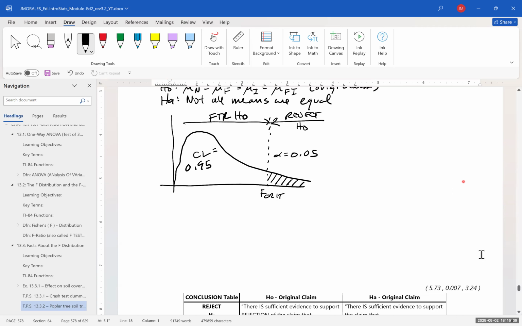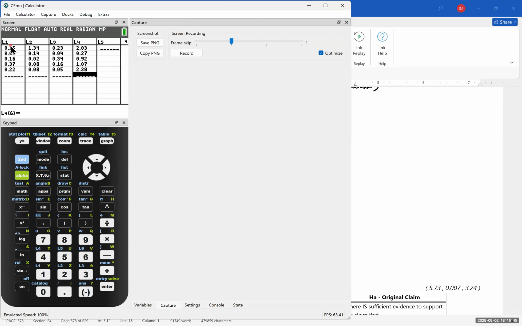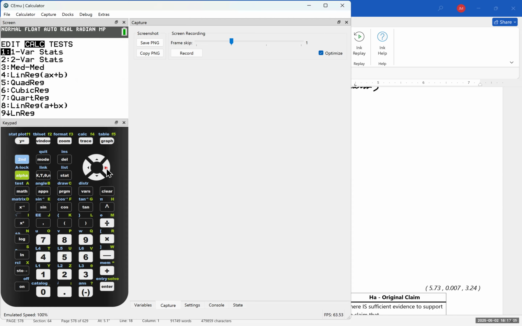Okay, so we'll go ahead and come over to the Texas Instruments. I've already entered in the values for no fertilizer or no treatment, fertilizer as a treatment, irrigation as a treatment, fertilizer and irrigation as a treatment. And if I've entered this in correctly without any errors, now let me go to stat and I'll go to tests.